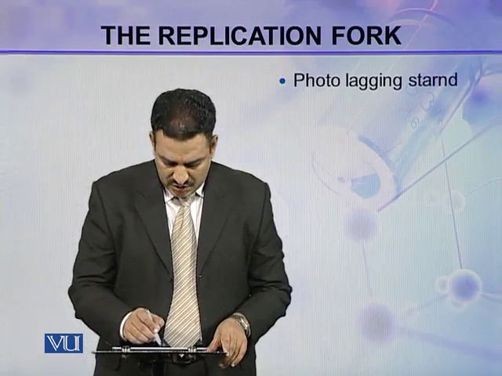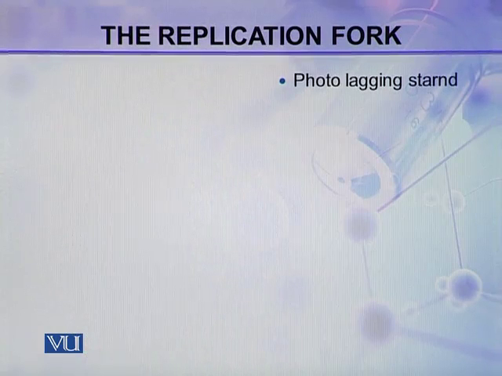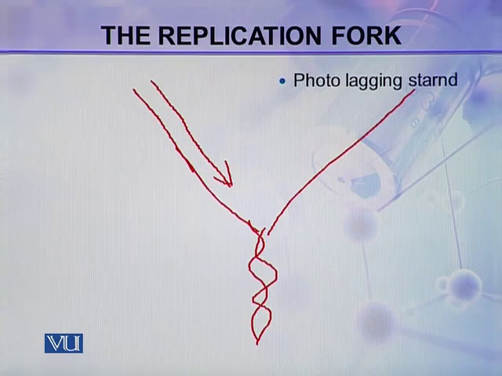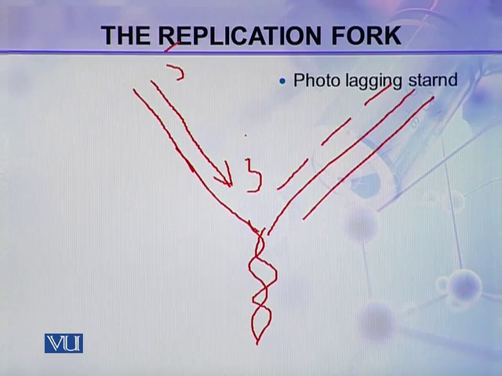So as you know, this is the double helical DNA. It opens up, and when it opens, you can see this is the leading strand. A new strand is synthesized in this direction, that is from 5 to 3 prime, while in the case of this strand, the synthesis occurs in fragments, and the direction of synthesis is away from the fork.